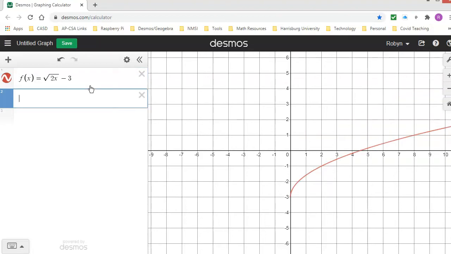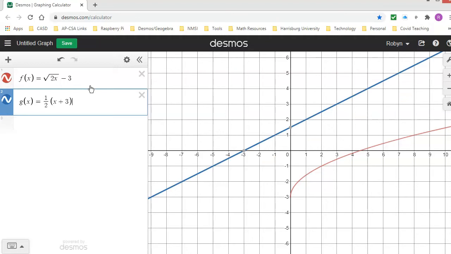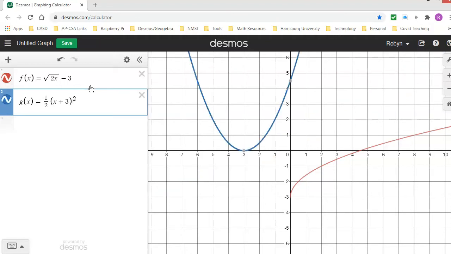Okay, then our inverse that we just came up with, we'll enter that as g of x. Okay, and g of x is 1/2. Whoops, got carried away, forgot my equals. So g of x is 1/2, and then times the quantity x plus 3, and that's being raised to the second power.